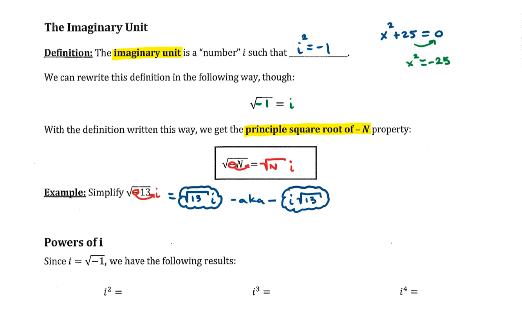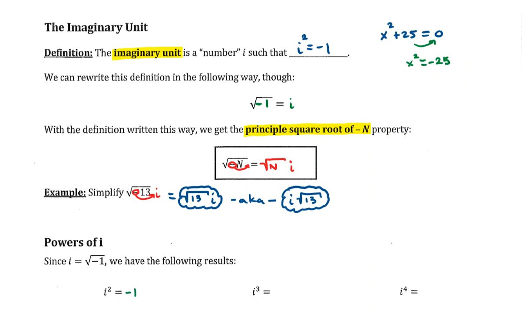Something interesting that I wanted to include in this video and in the notes are some different powers of i. We know that i to the first is going to be i, but is also equal to the square root of -1. And we also saw at the very top how we define the imaginary unit. It's such that i squared is equal to -1. So right here it says since i is equal to the square root of -1, we have the following results. i squared is equal to -1.